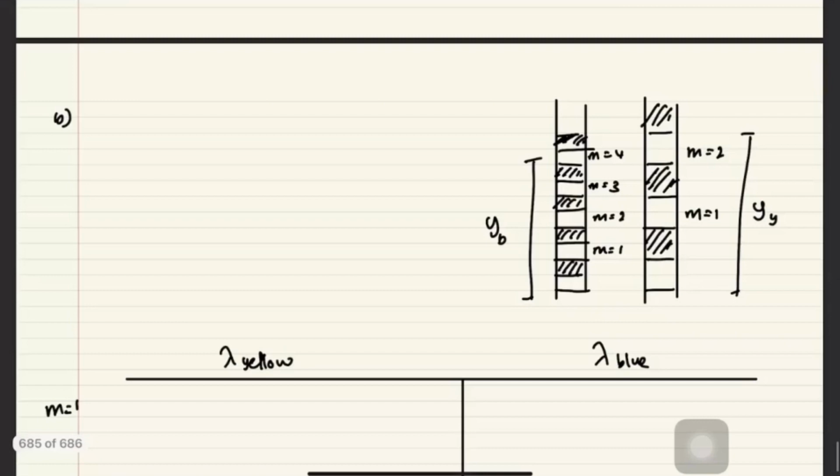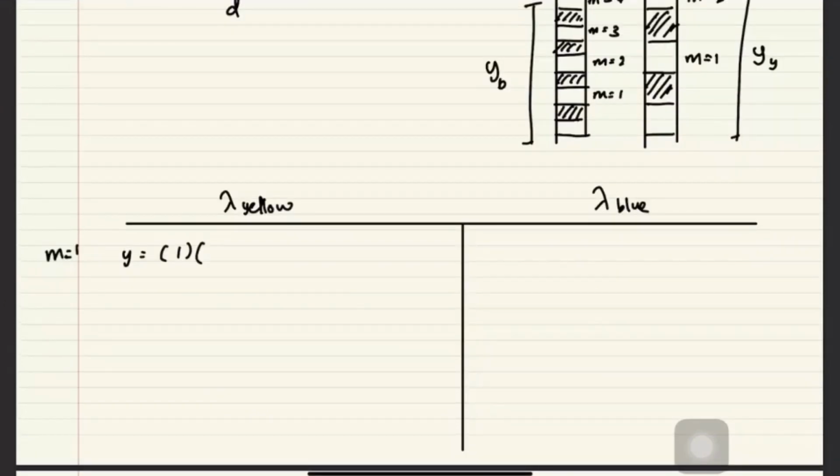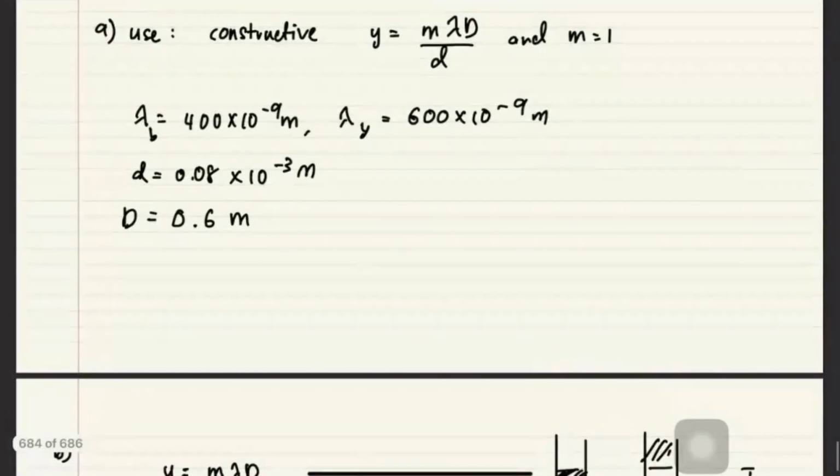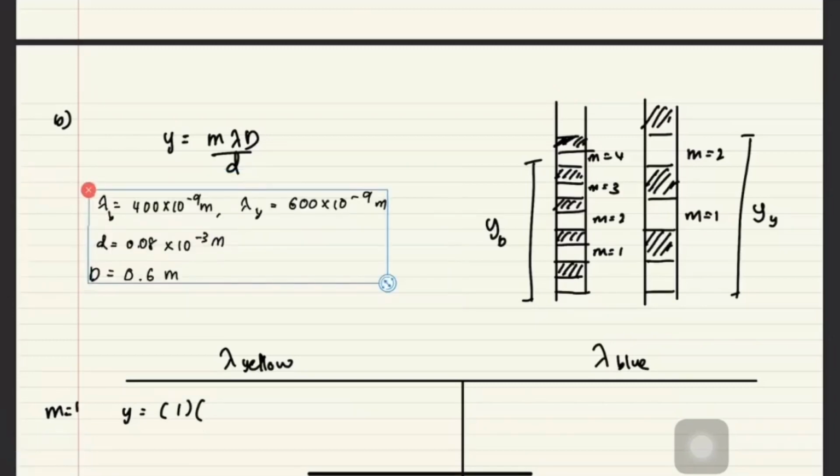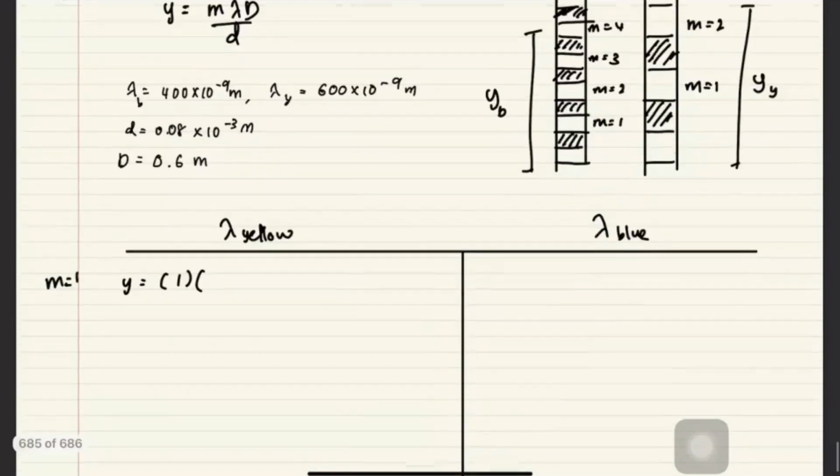okay. So kalau untuk yellow, y sama dengan m dia adalah 1, lambda dia adalah, kita copy everything. Okay, lambda dia adalah 400.